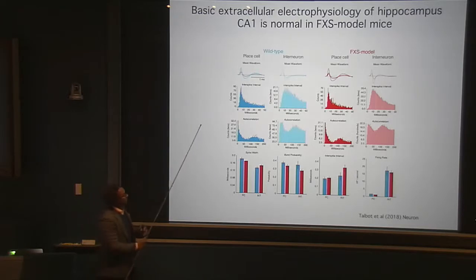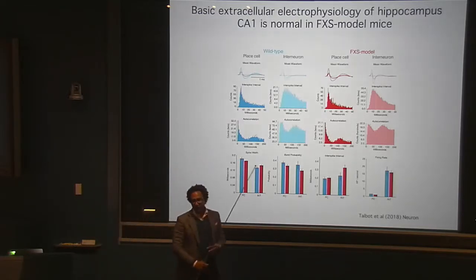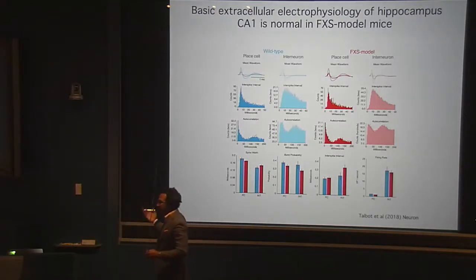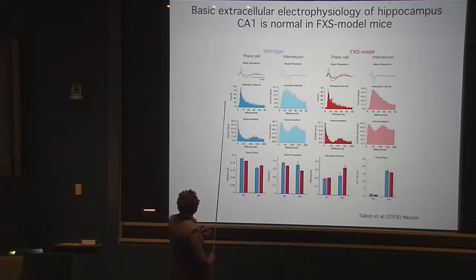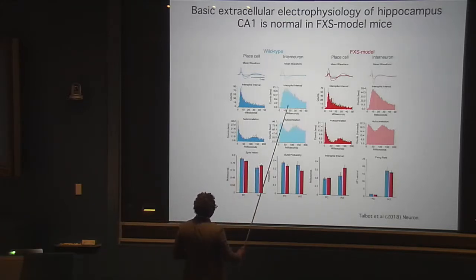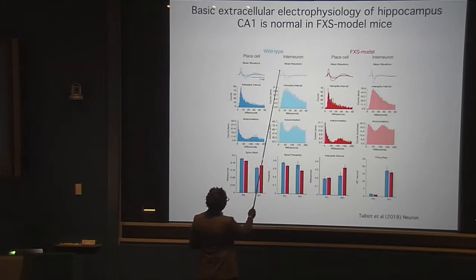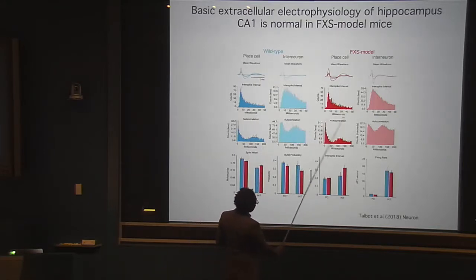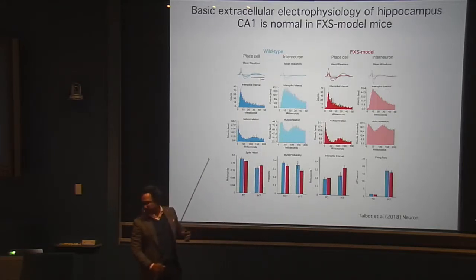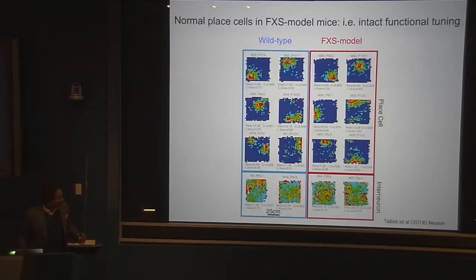So the first thing to note is that there's nothing interesting here on this busy slide. This is just characterizing the basic electrophysiological properties of the pyramidal cells that are place cells, as well as the inhibitory interneurons here. They have, whether in the wild type or the Fragile X model, the same features. There's no differences that we can detect. How about the place cells?